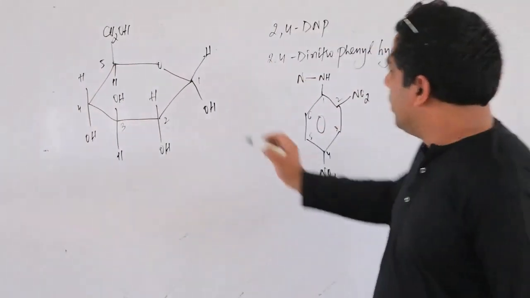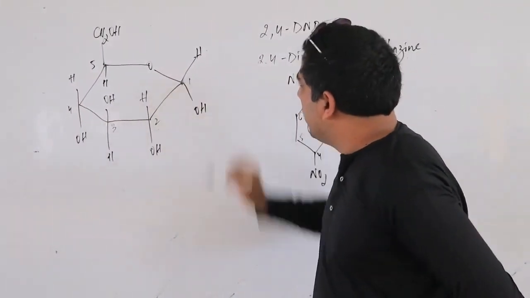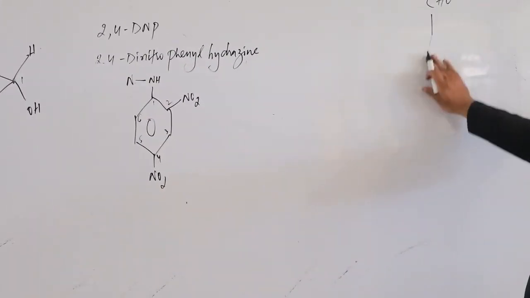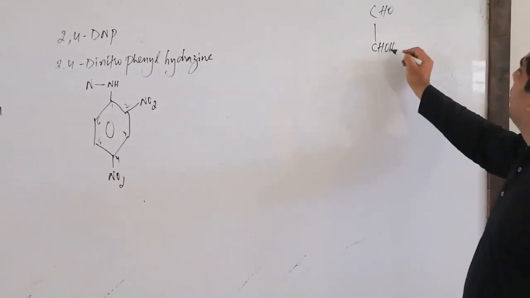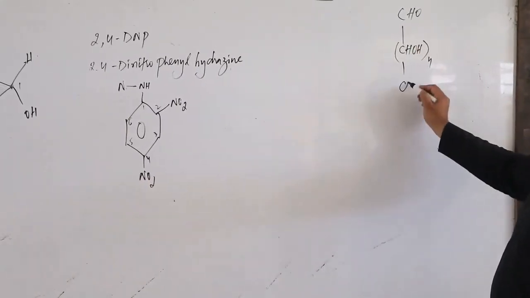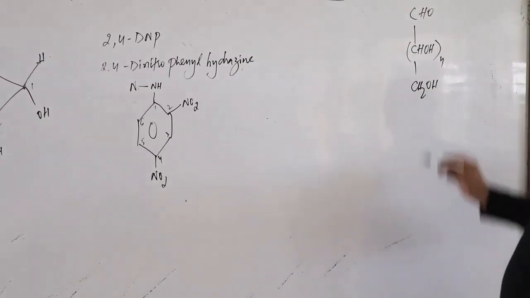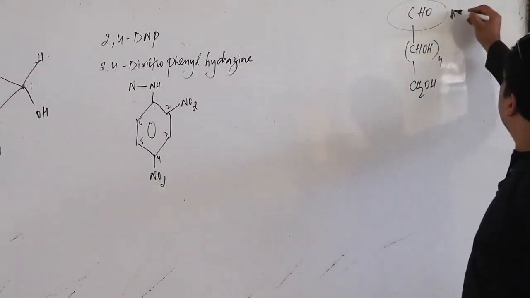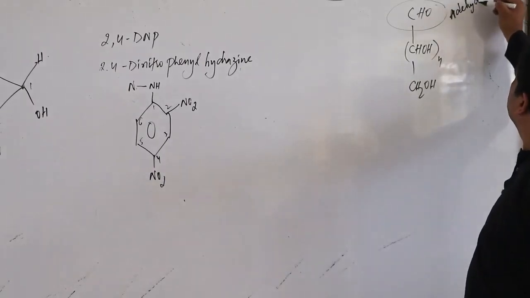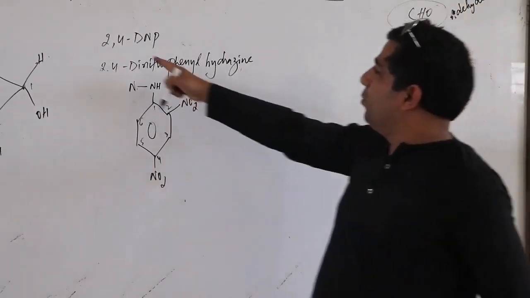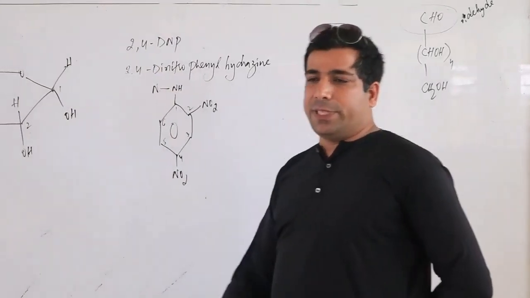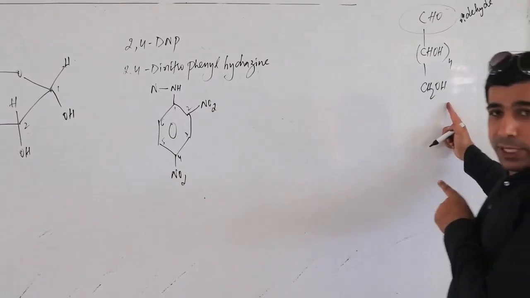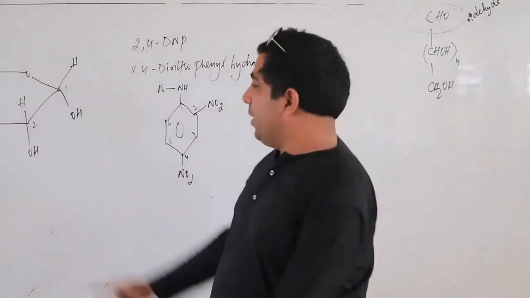And let me tell you, in open structure of glucose, the first carbon is aldehyde. And it should react with 2,4-dinitrophenylhydrazine. But actually, this open structure of glucose is converted basically into which structure?